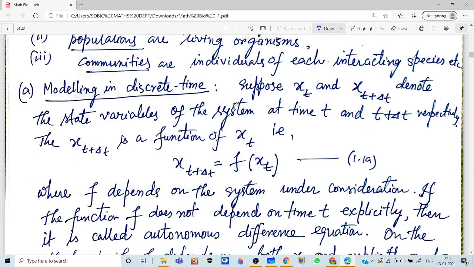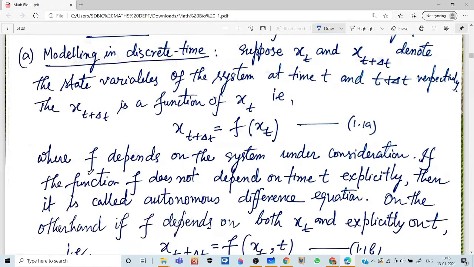Modeling in discrete time. Suppose x_t and x_{t+Δt} denote the state variables of the system at time t and t plus delta t respectively. Then x_{t+Δt} is a function of x_t, that is x_{t+Δt} = f(x_t), where f depends on the system under consideration.